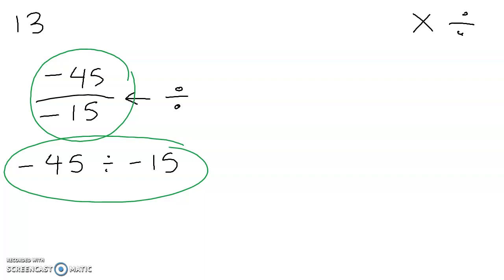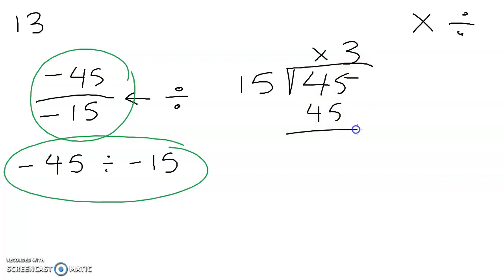Okay, so part D, we have a negative 45 divided by negative 15. We can do our division like normal, and then we will go ahead and go back and add the sign in later. Now 15 does not go into 4, but it does go into 45 a total of 3 times, because 3 times 15 is exactly 45 with a remainder of 0.